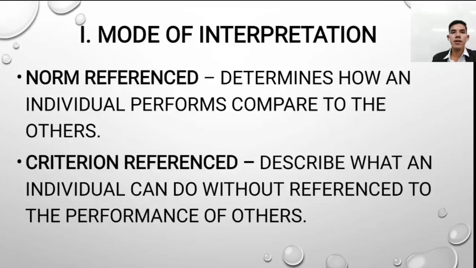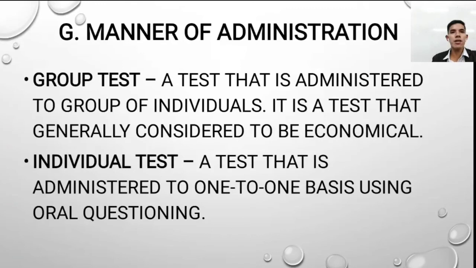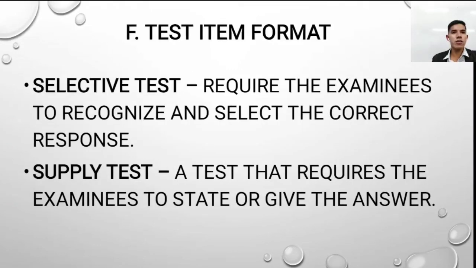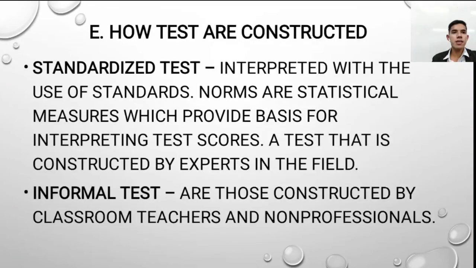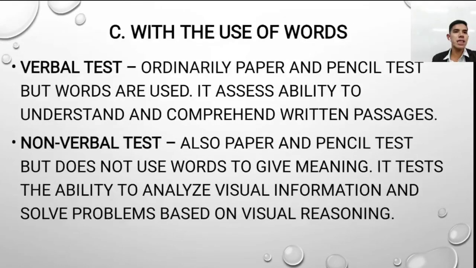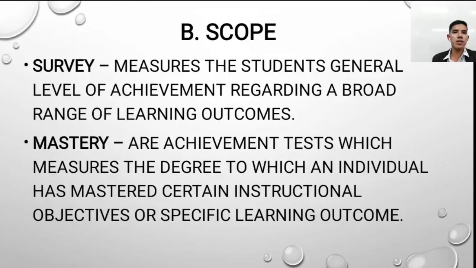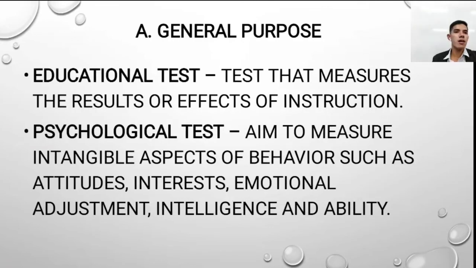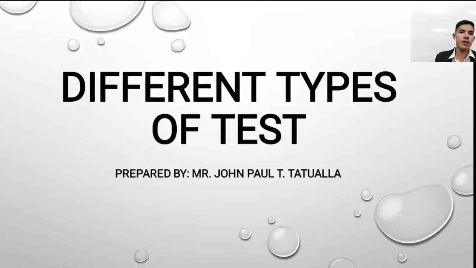We have mode of interpretation, the scoring manner, manner of administration, test item format, standardized, how tests are constructed, level of difficulty, width of words, scope, and general purpose. So those are the different types of tests.